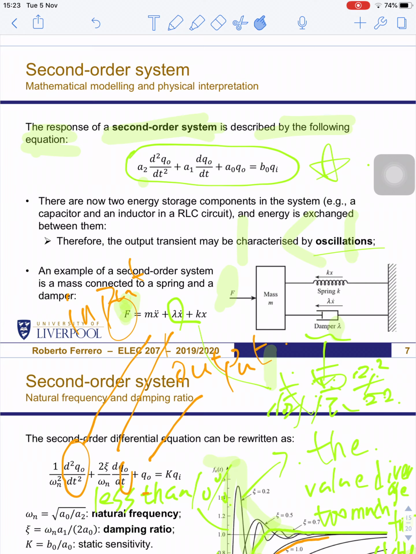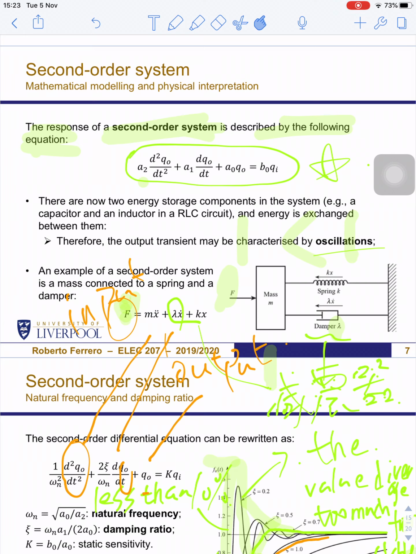Let's say F is the input, and it corresponds to the second derivative of the mass, the first derivative of the damper, and the zero derivative of the spring.